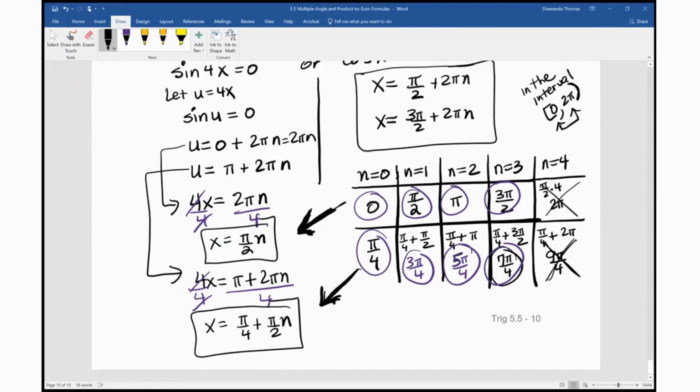I just wanted y'all to notice a little pattern though. You started with 0, then it's 1 pi over 4, then 2 pi over 4, then 3 pi over 4, then 4 pi over 4, 5 pi over 4, 6 pi over 4, 7 pi over 4. So if y'all notice that, then there is a better way to write the answer.